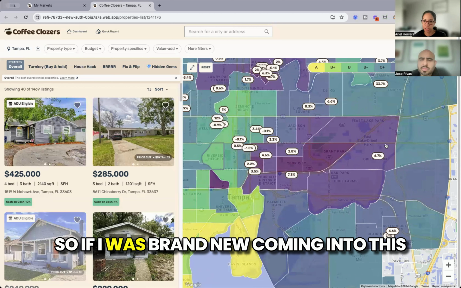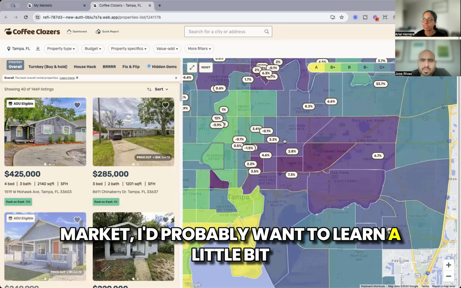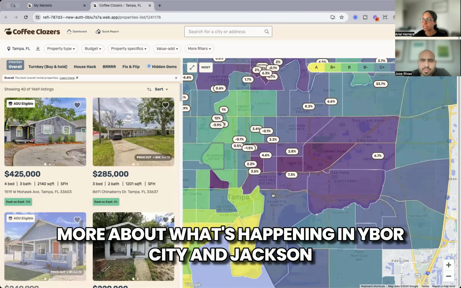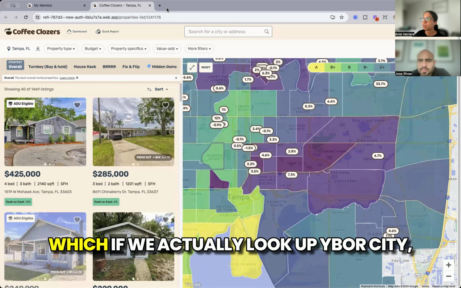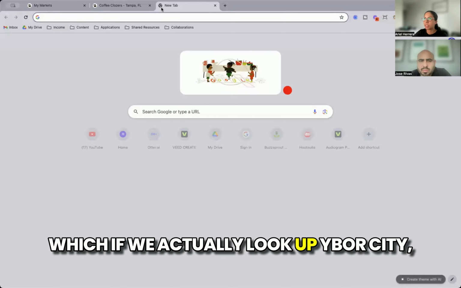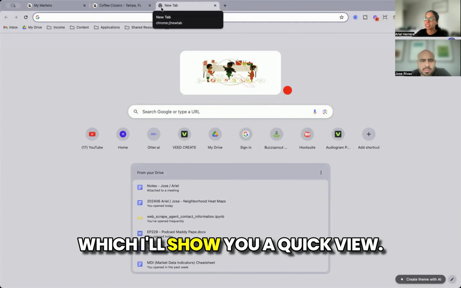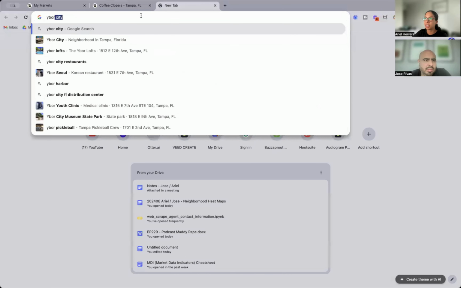So if I was brand new coming into this market, I'd probably want to learn a little bit more about what's happening in Ybor City and Jackson Heights, these towns that are coming through here. Right. If we actually look up Ybor City, I'll show you a quick view.